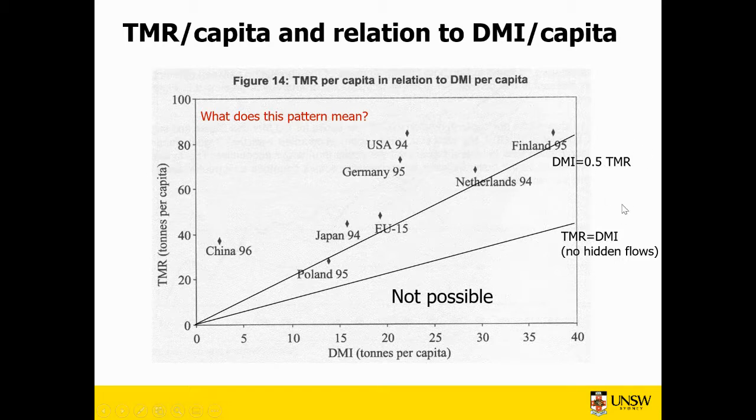So the hidden flows account for more than half of the total material requirement, which shows that if we neglect the hidden flows again, we may be missing a lot.